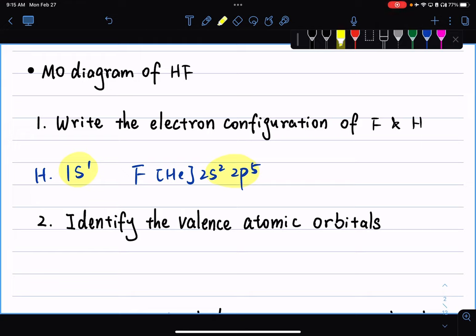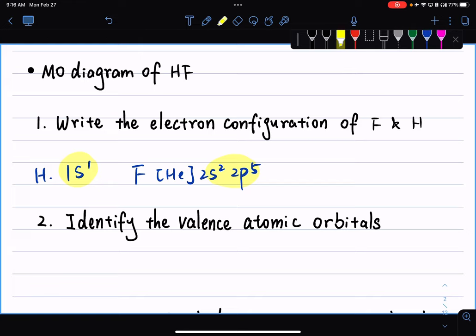Since we're plotting hydrogen and fluorine on the same energy plot, if this one is negative 1, then my 2s of fluorine must be down here. This is negative 4, what we estimated by doing that energy calculation. At the same time, we know the 2p is slightly higher in energy compared to 2s.